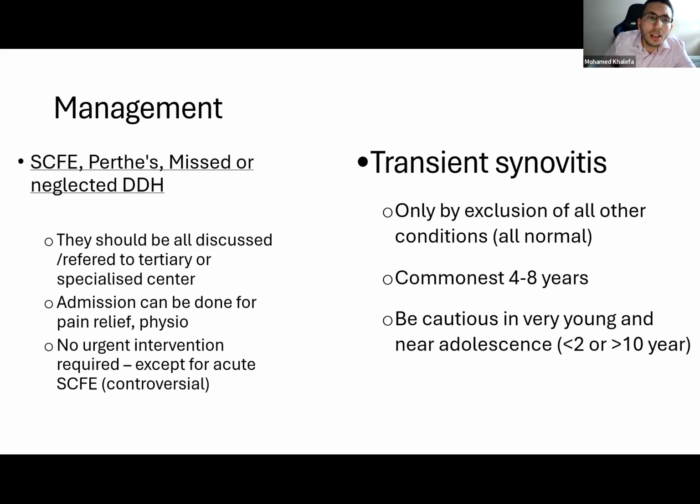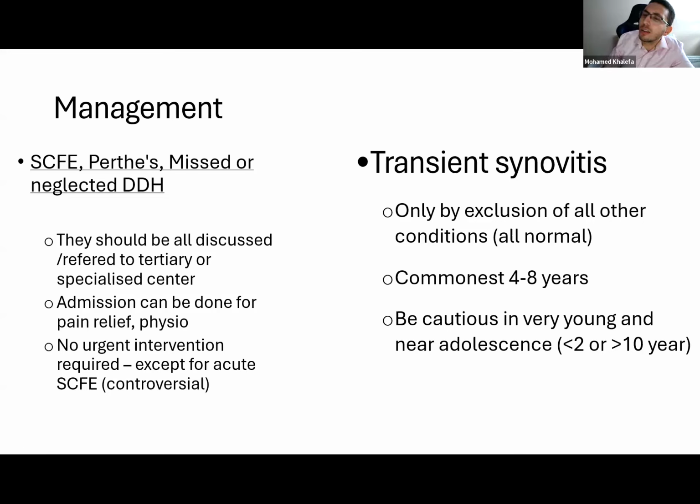If it's SCFE, Perthes, or neglected DDH, again, this has to be discussed with a tertiary referral center and a specialist pediatric hip surgeon. They are not urgent. They can be admitted if needed, if they're in severe pain or need some pain relief and physio. No urgent intervention, so you don't put them on the trauma list, except SCFE if it's acute. It may need, however, this is controversial.